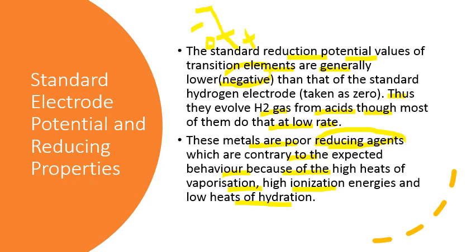Those having the negative potential are the strong oxidizing agents. Remember, the strongest oxidizing agent is lithium, which has the lower reduction potential. Understood? So they are poor reducing agents because of the high heat of vaporization, high ionization energy, and the low heat of hydration.